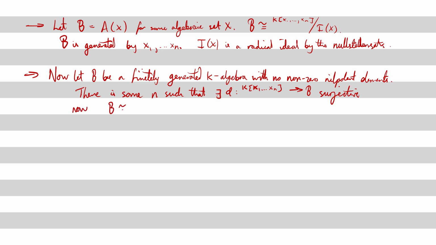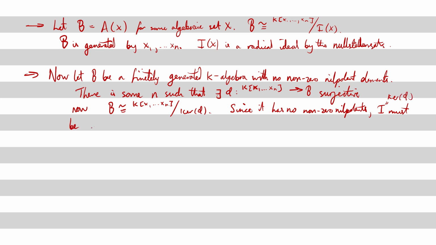Now B is isomorphic to k[x1, ..., xn] over the kernel of phi. Since it has no non-zero nilpotents, I, which equals the kernel of phi, must be radical.